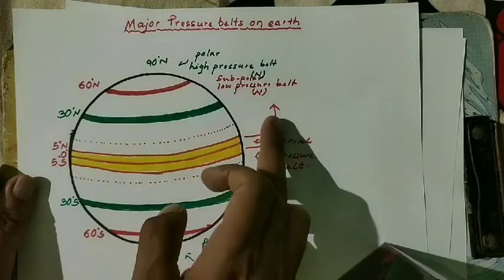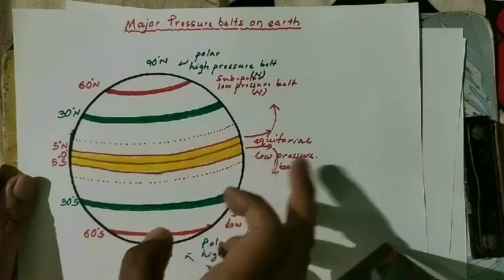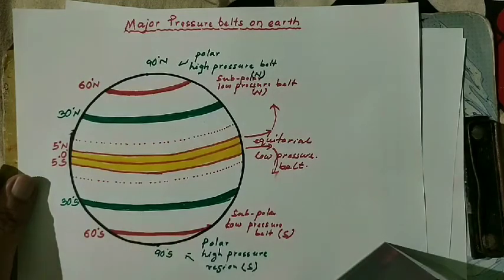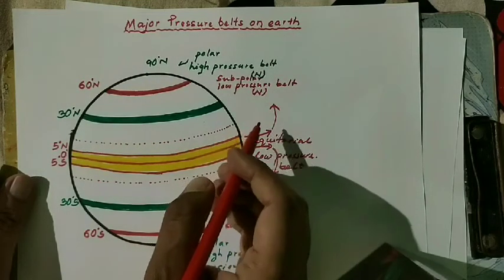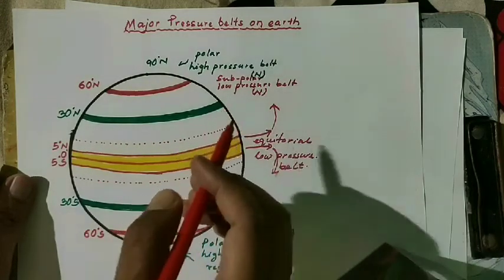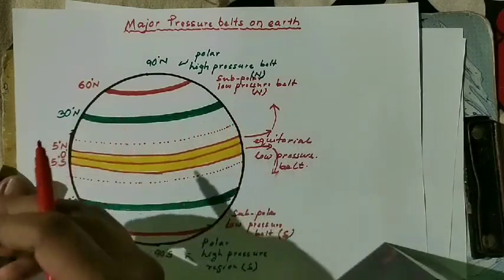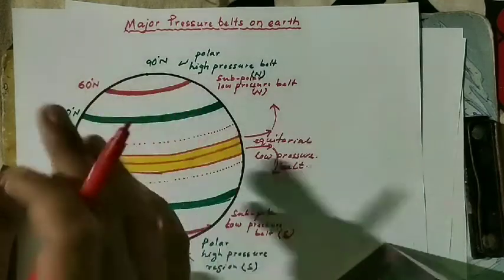When this air moves to both hemispheres, it gradually radiates heat energy and becomes cooler. When the air gets cooled down, it condenses and becomes heavier. When any material condenses or cools down, it becomes heavier.